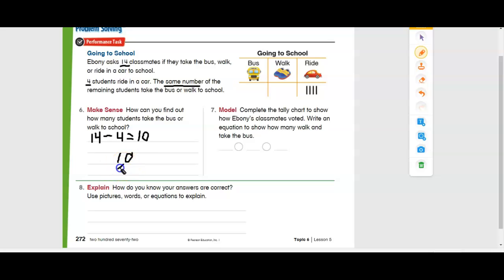Ten is made of 5 and 5. So if each have to have the same number, that means that 5 students ride the bus and 5 students walk. That shows our 10 split equally, and now they each have the same number.